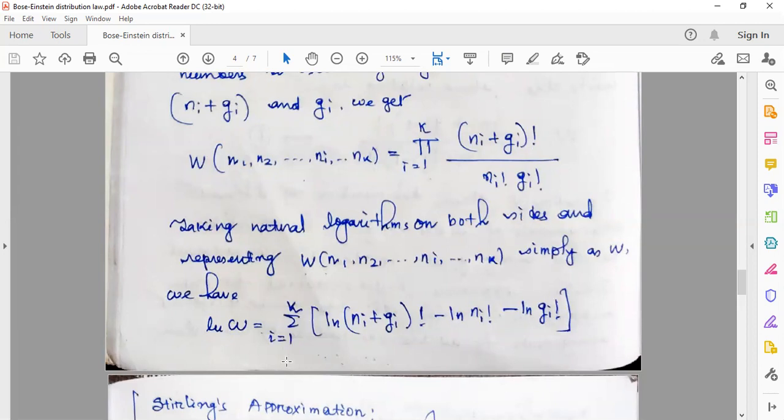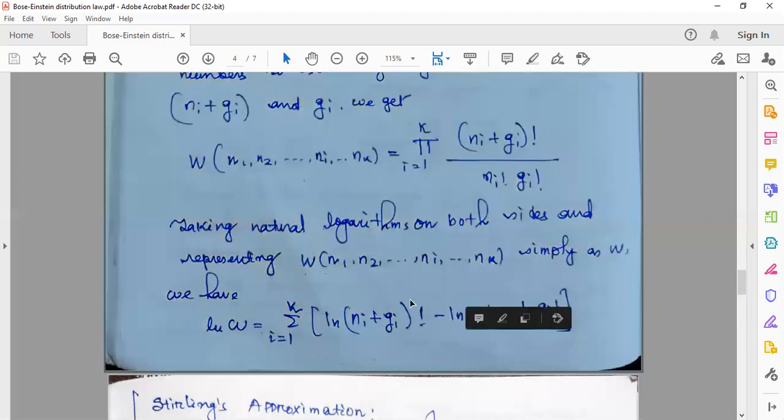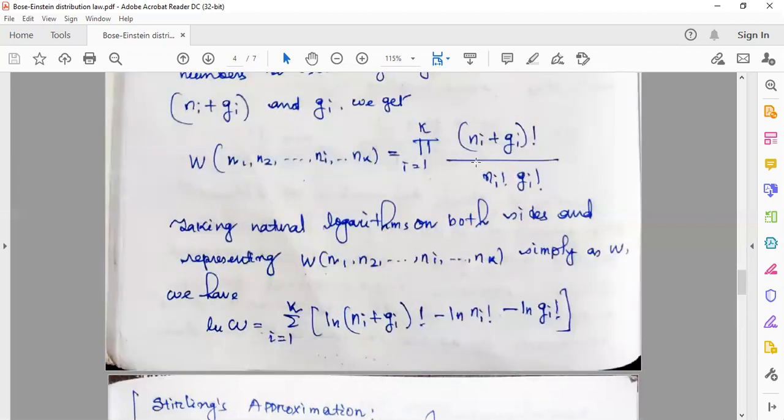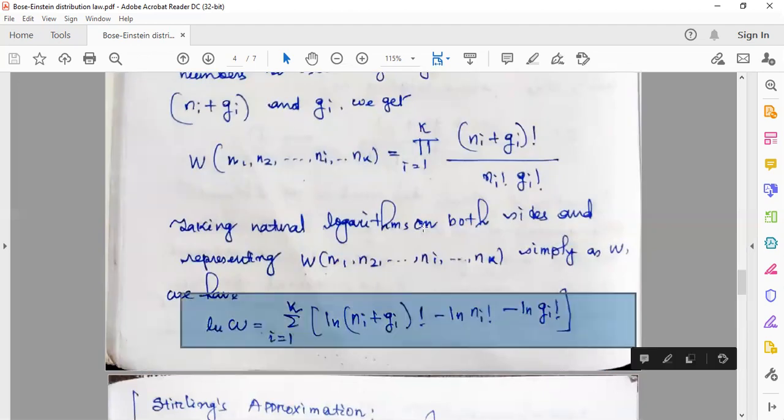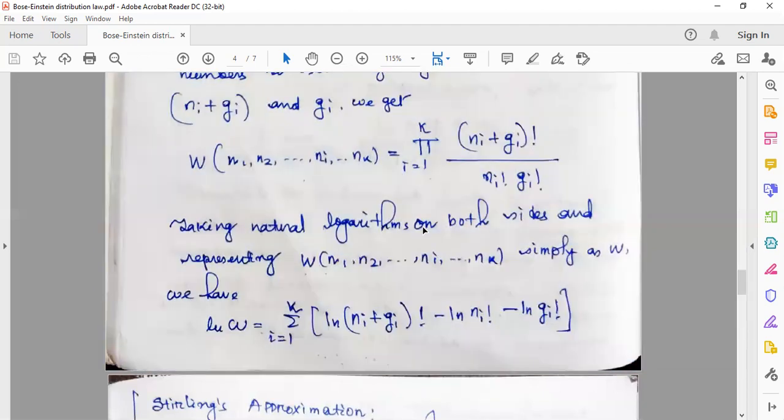So the natural logarithm of this expression minus the natural logarithm of ni factorial and minus the natural logarithm of gi factorial. This just happens when you take logarithm, and I think you are familiar with these relationships of logarithm. So these are easy things.